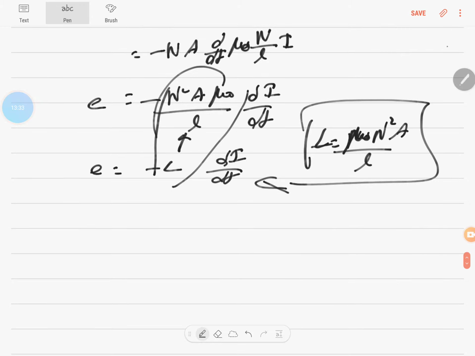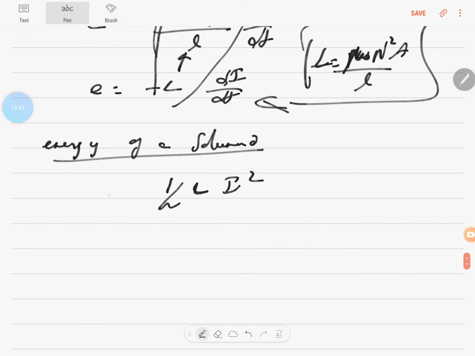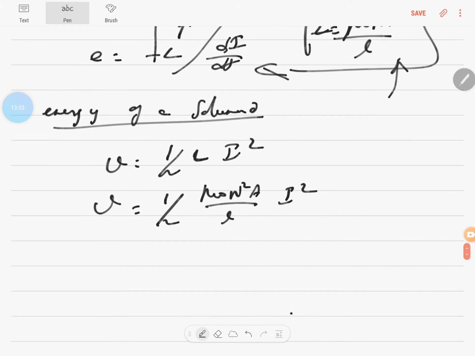So now, the energy stored in a solenoid. For an inductor it's half Li square, and all that changes for the solenoid is L, the self-inductance, which is here. So substituting that, half mu naught N square A by L into I square is the energy stored in the solenoid. And you do not want this I; you want to write it in terms of B, since B is equal to mu naught into small n into I, because you need the magnetic field.